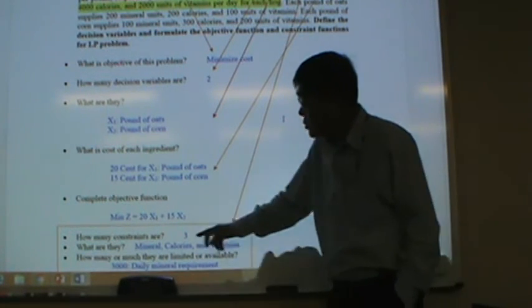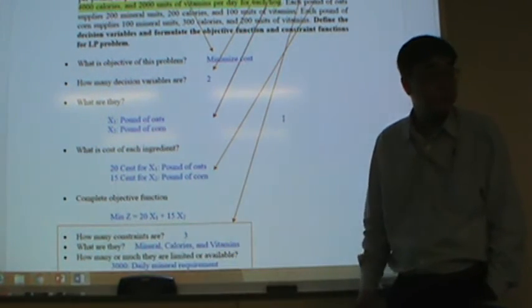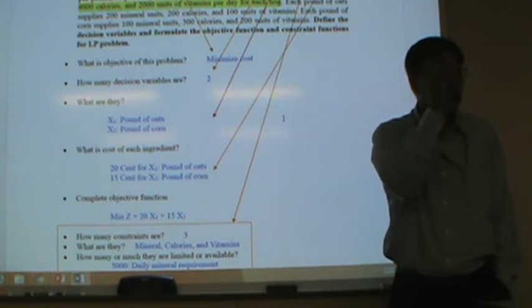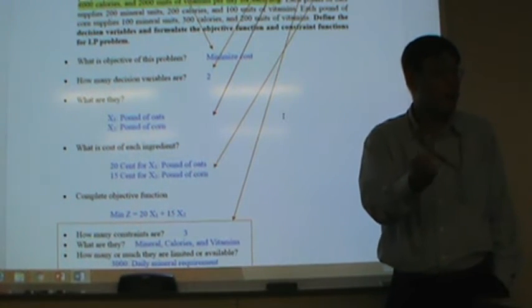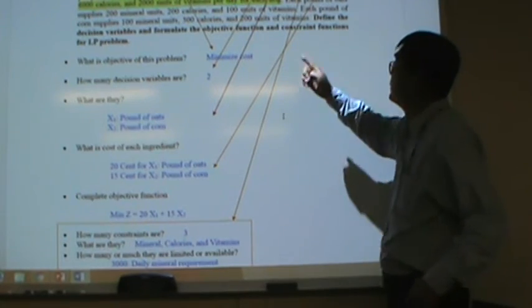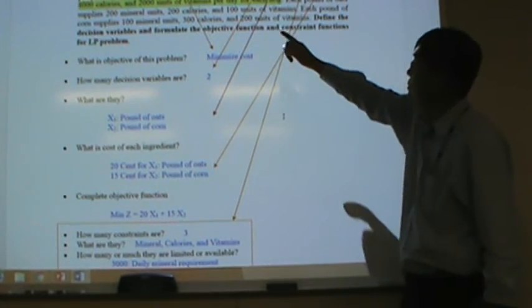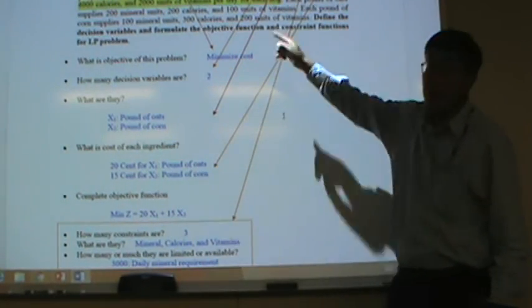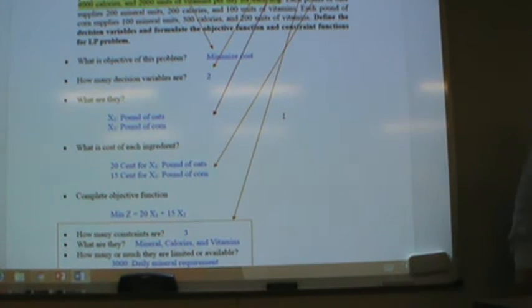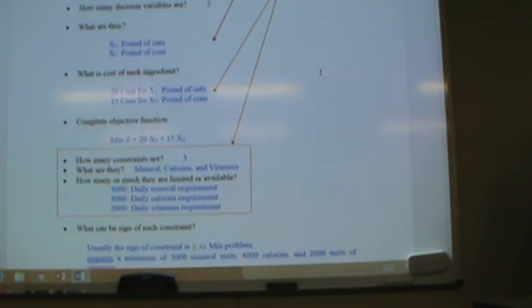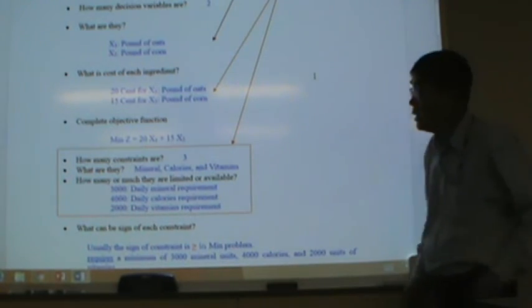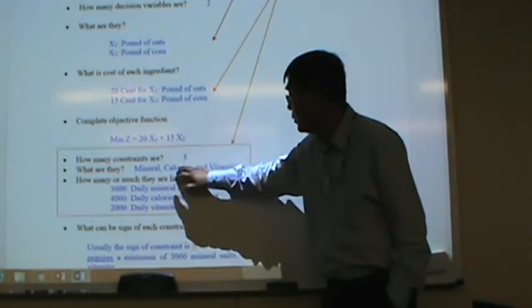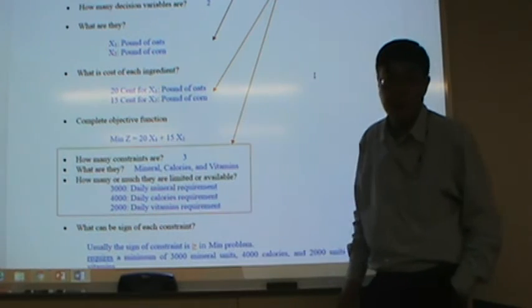Now, the constraint part. How many constraints? Mineral, calories, and vitamins, the requirements. There are three constraints: mineral, calories, and vitamins.